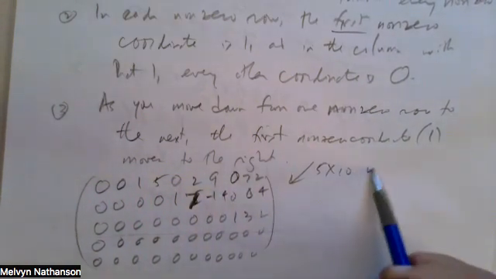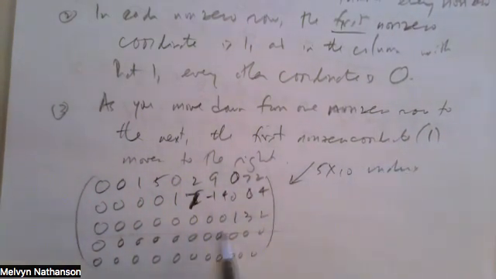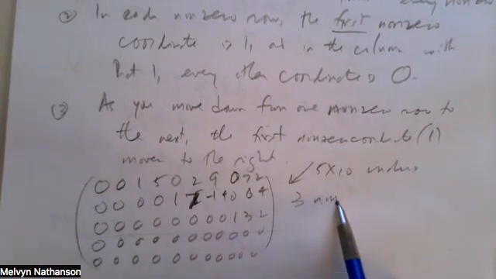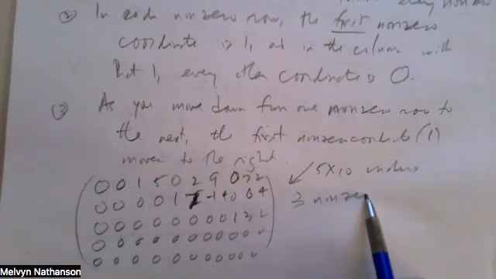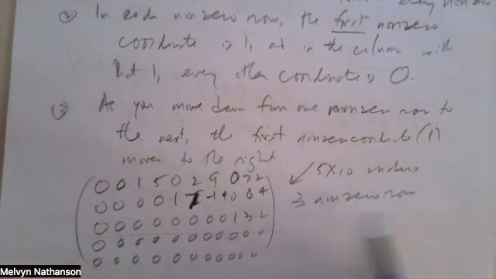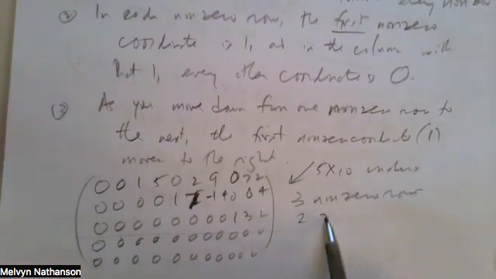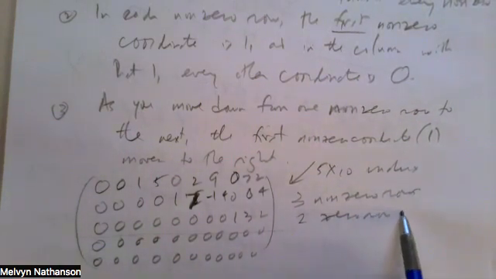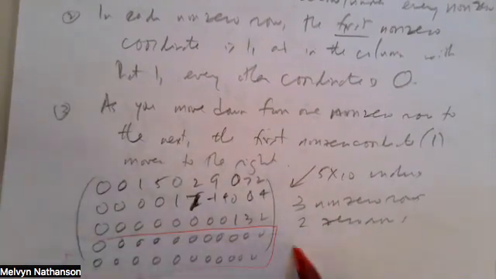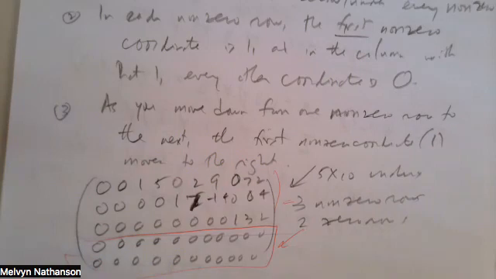This is a 5 by 10 matrix. There are 3 non-zero rows and 2 zero rows. The 2 zero rows are at the bottom. The 3 non-zero rows are at the top.